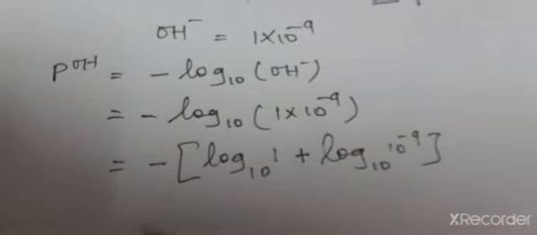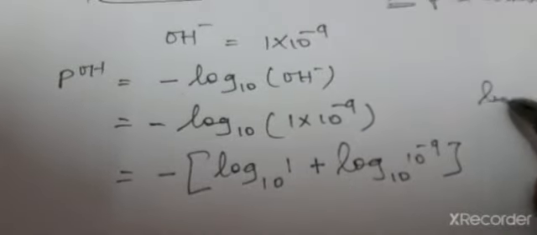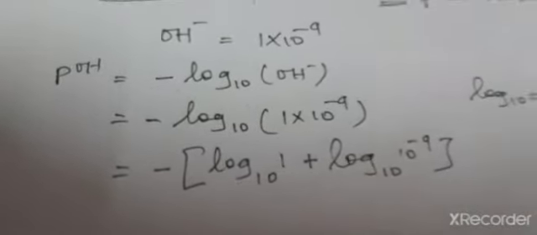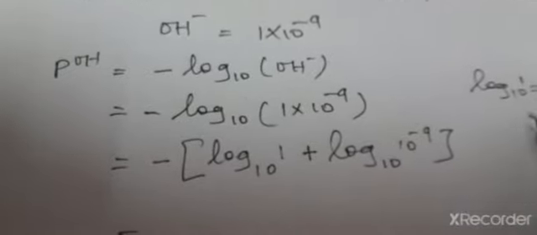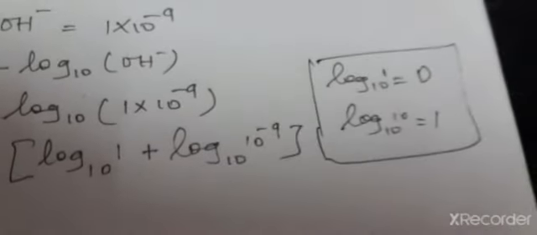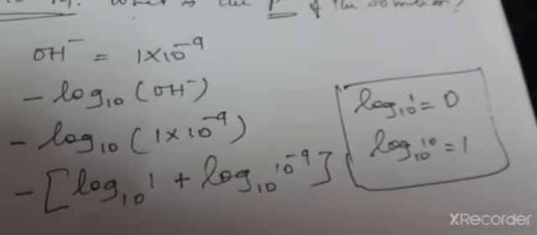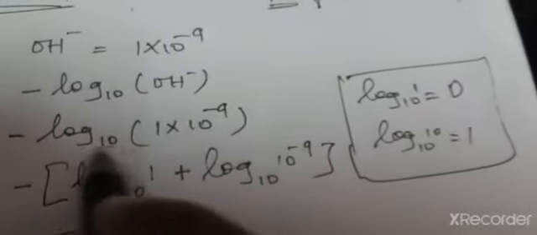Now we know the value of log 10 1 is equal to 0. Then log 10 10 is equal to 1. You have to keep this value in mind, because we are going to use it often.